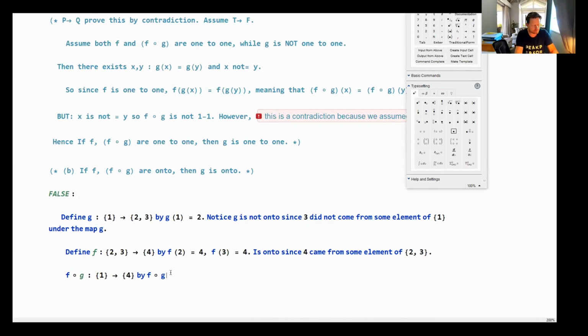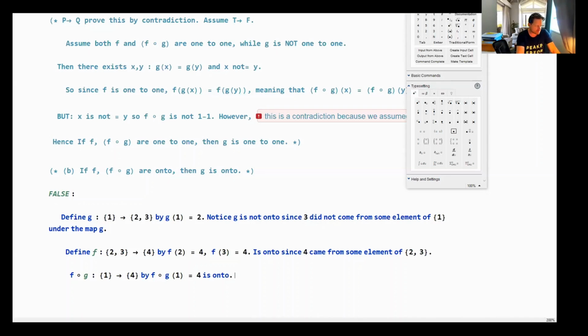Now there's only one element in the set 1, right? So this will be the full description of the map. F compose G of 1 is equal to 4, right? Okay, so this function is onto, right? So 4 came from somewhere, right?